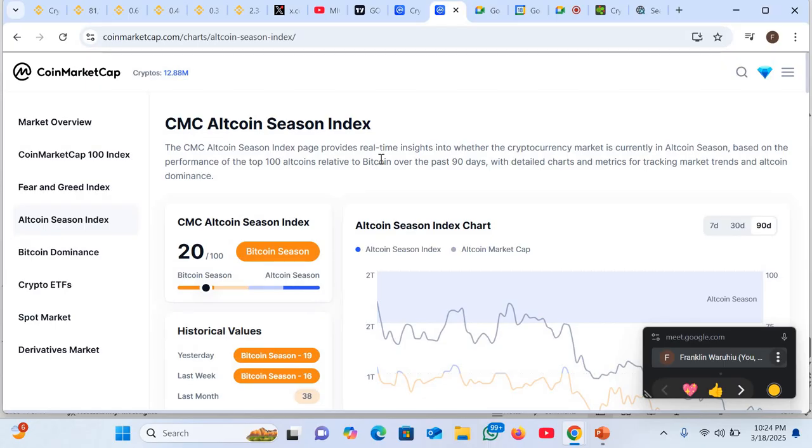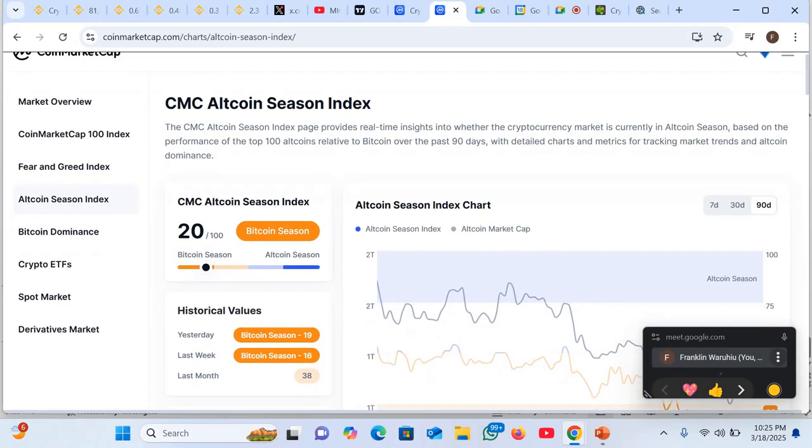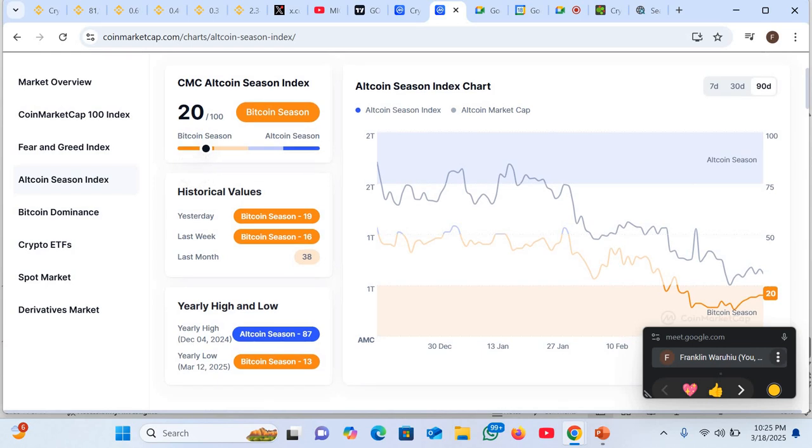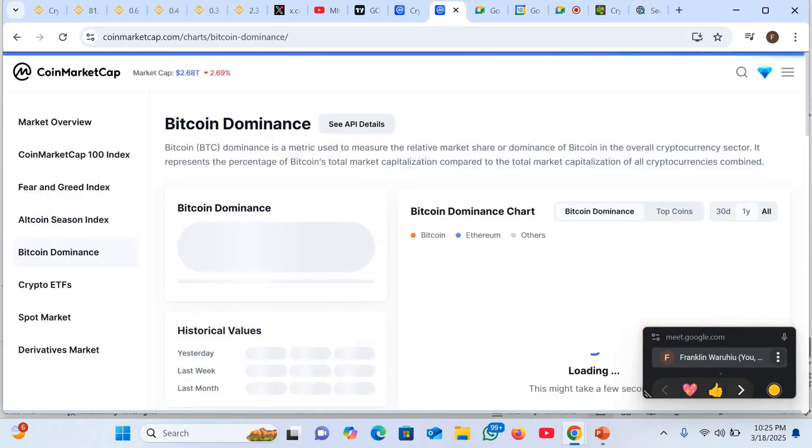The altcoin index simply measures the performance of the top 100 altcoins compared to the performance of Bitcoin. And when the performance of altcoins increases compared to Bitcoin, that is when we say that the altcoin season has started. The easiest way to know is something we call Bitcoin dominance.